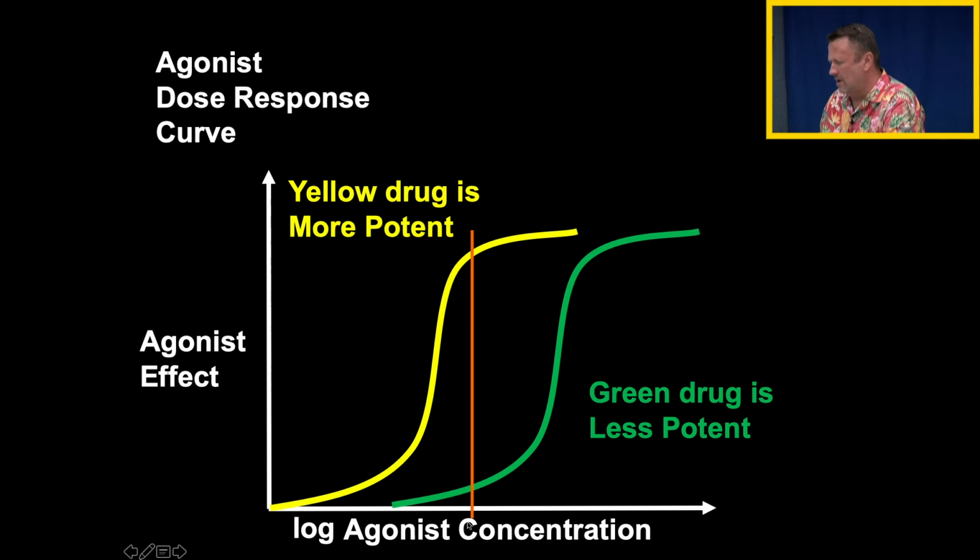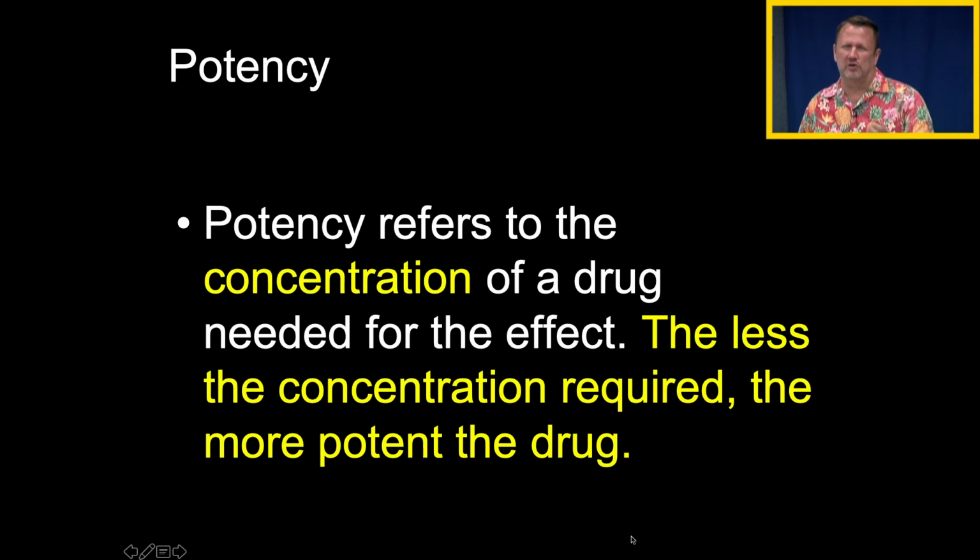And so we'll take a 1 milligram dose right there. If I give a 1 milligram dose of the yellow drug, I get maximum effect from the drug, kind of like Dilaudid. Dilaudid at 1 milligram is a pretty big dose. Well, 1 milligram of morphine barely gets started working. So when you compare morphine with Dilaudid at the same dose, one drug has much more effect than the other. So potency has to do with the concentration of drug, the dose of the drug required to get the same effect.